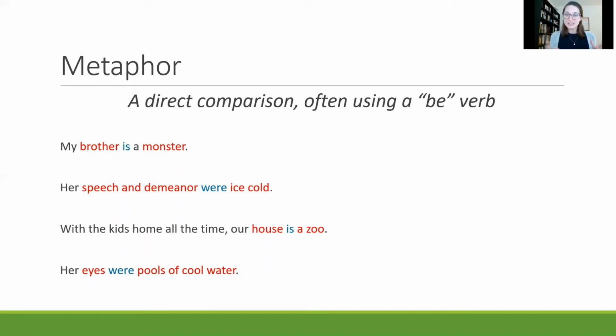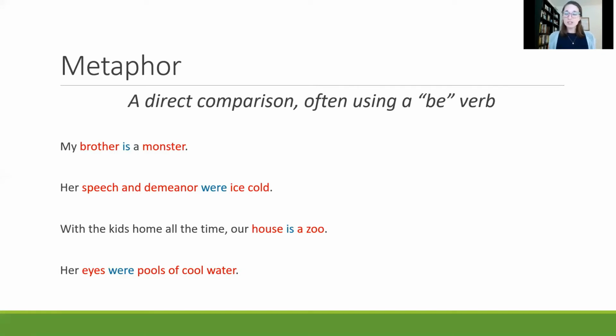It's just two different ways to think about it. So you can imagine a monster is scary or destructive, or it tries to ruin something that you are doing, tries to scare you. So you can make those comparisons with how the brother is acting, not that that brother is literally a monster.